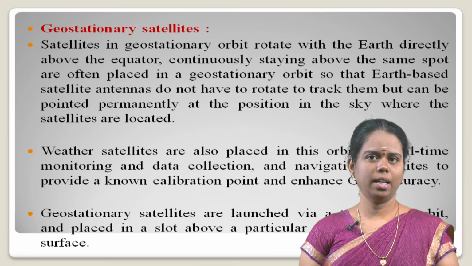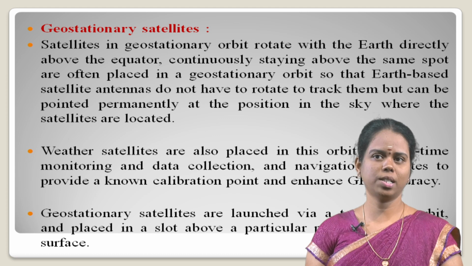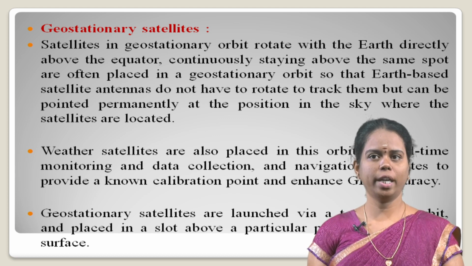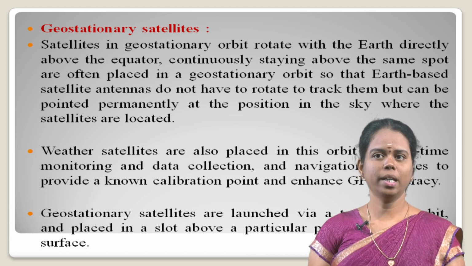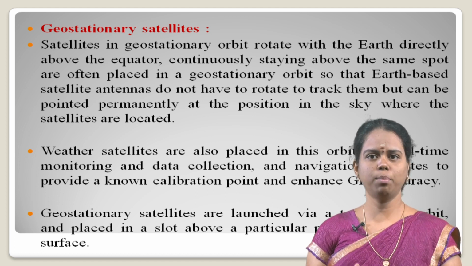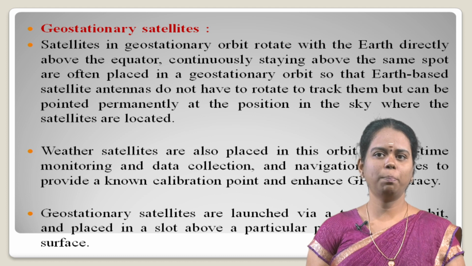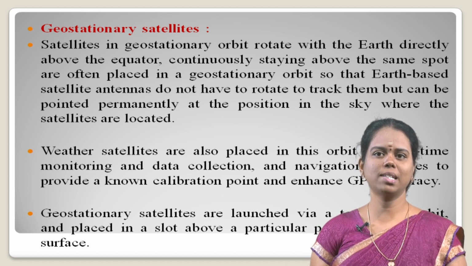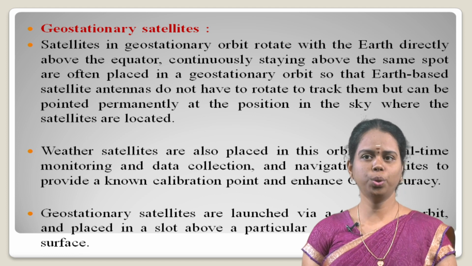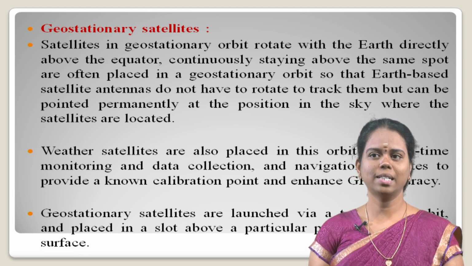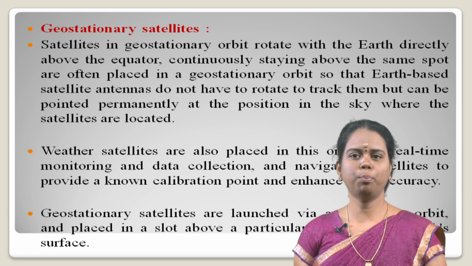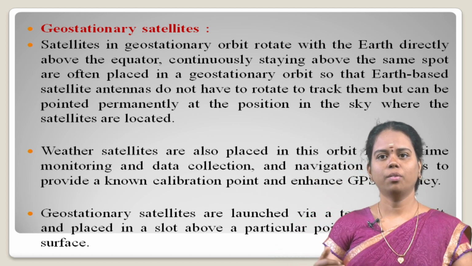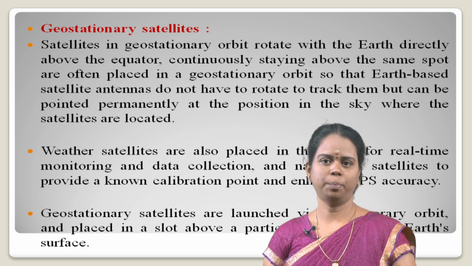Geostationary satellites. A satellite in geostationary orbit rotates with the earth directly above the equator, continuously staying above the same spot. Satellites are often placed in the geostationary orbit so that earth-based satellite antennas do not have to rotate to track them but can be pointed permanently at the position in the sky where the satellite is located.